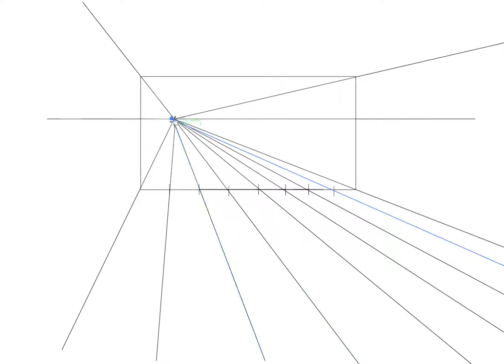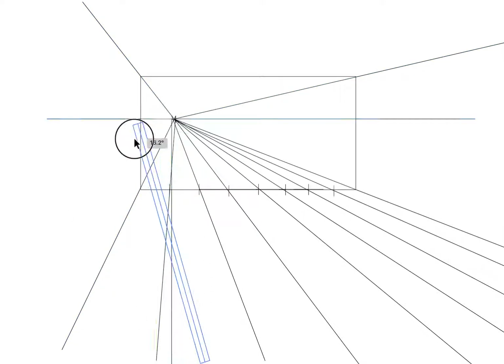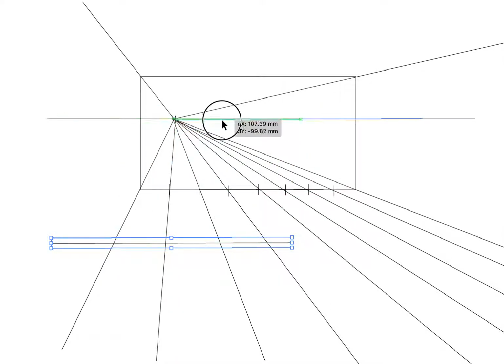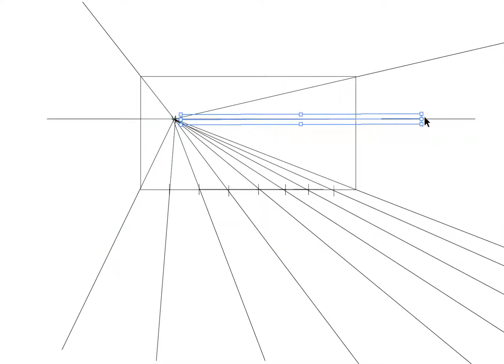Now, if I draw a line directly down from the horizon to my closest point here, if I now rotate that distance and place that on the horizon, I've got a mark position here.